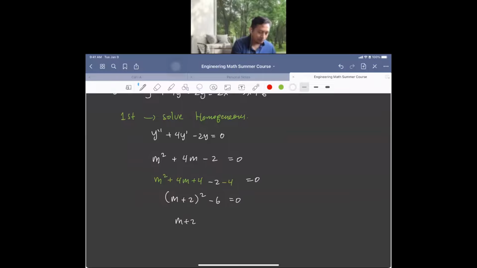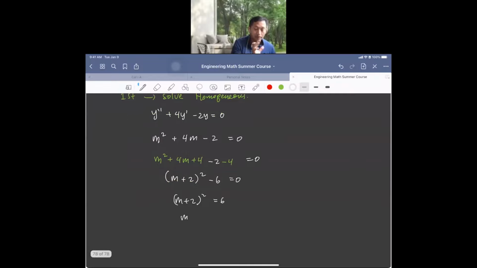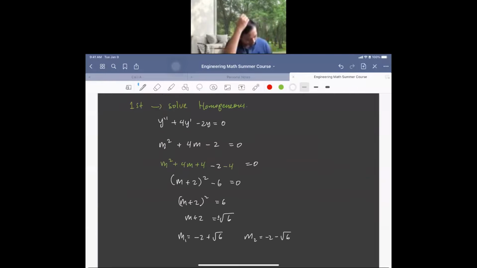It's going to be negative 6. So m plus 2 squared is 6. So m plus 2, okay, it's still real and not complex, so plus or minus. So m1 is minus 2 plus square root of 6, and m2 is negative 2 minus square root of 6.